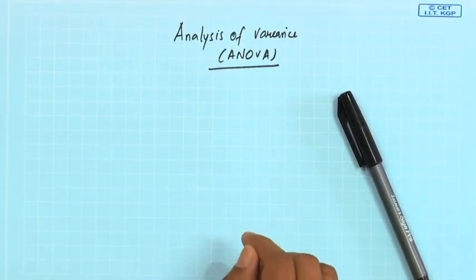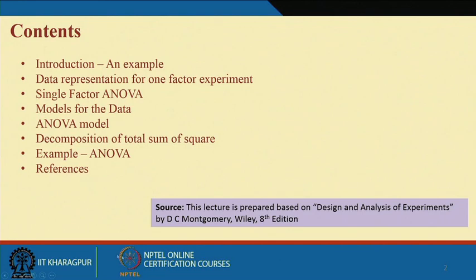Discuss certain parts of analysis of variance. Today's contents are: first we will introduce with an example, and then we will see how one factor experimental data can be represented in tabular form.